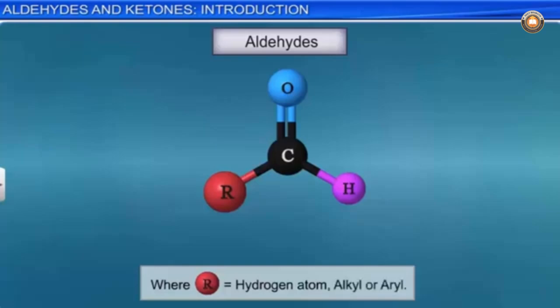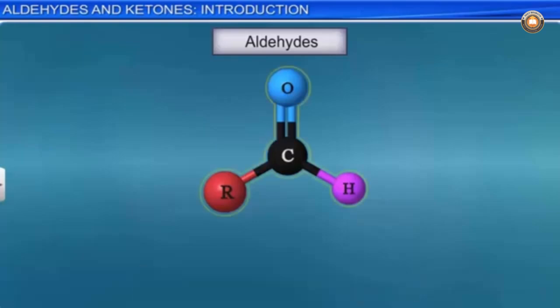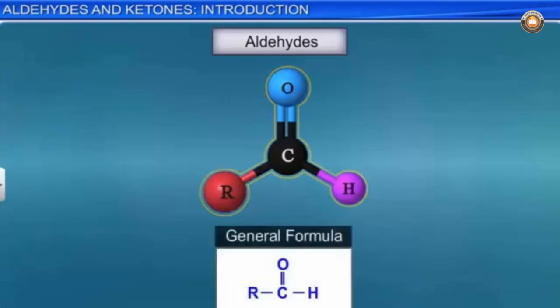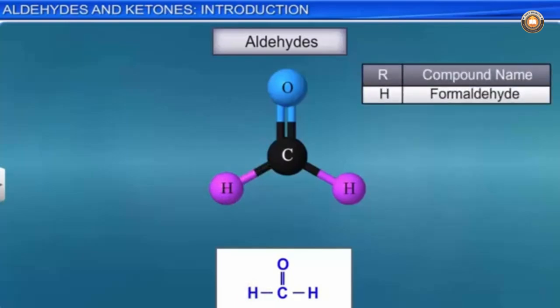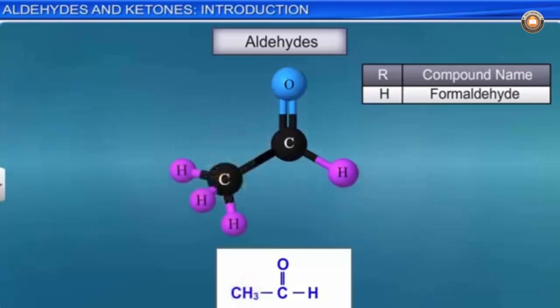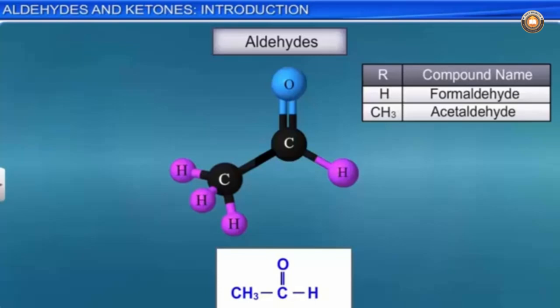Hence, the general formula for aldehydes is RC double bond OH. If R is H, then the corresponding aldehyde is formaldehyde. If R is the methyl group, then it is an acetaldehyde. And if R is the phenyl group, then it is a benzaldehyde.